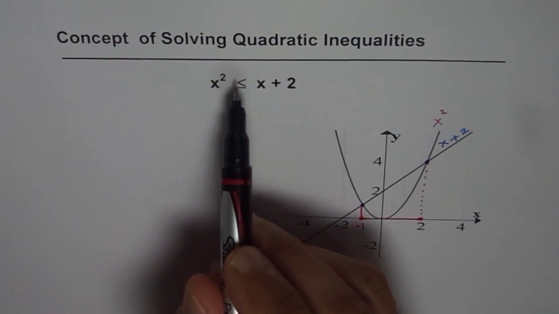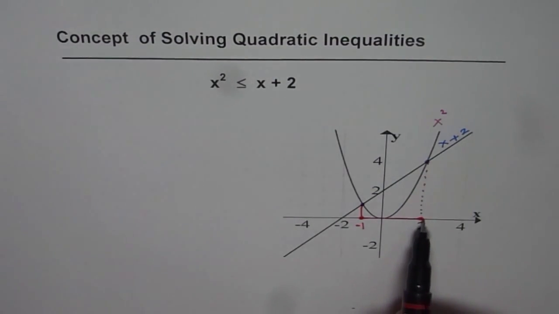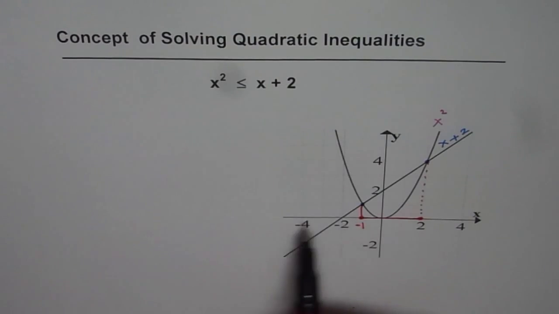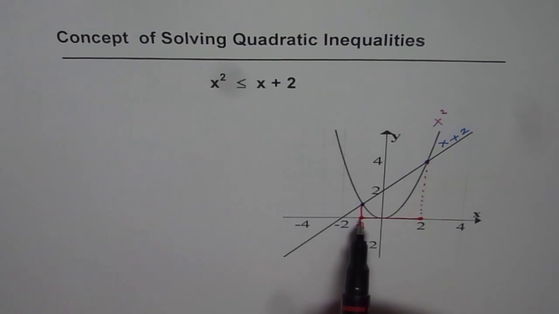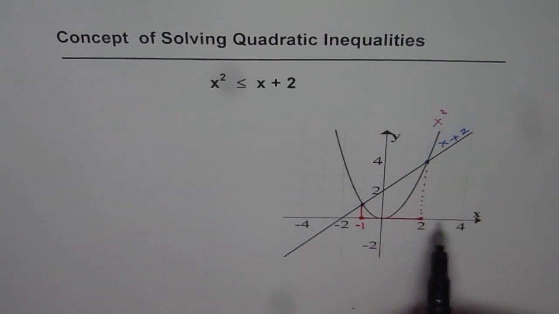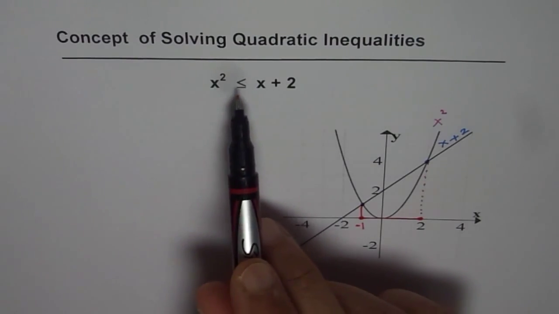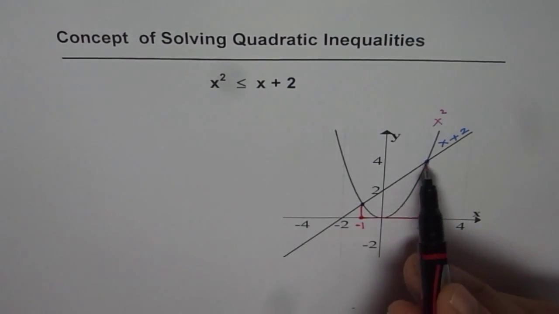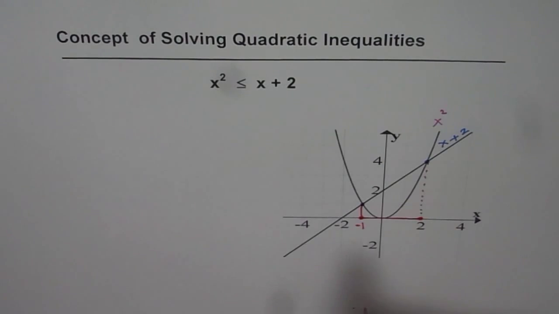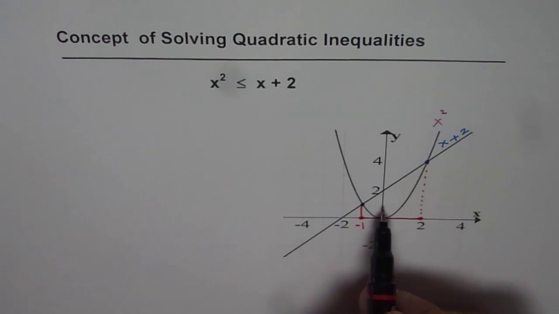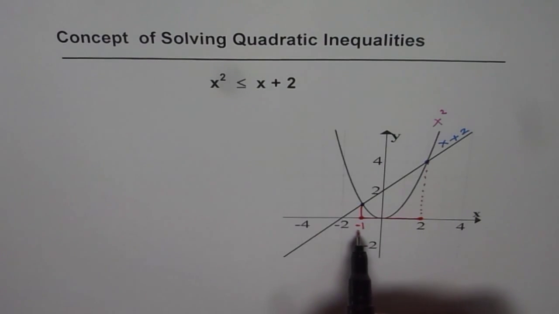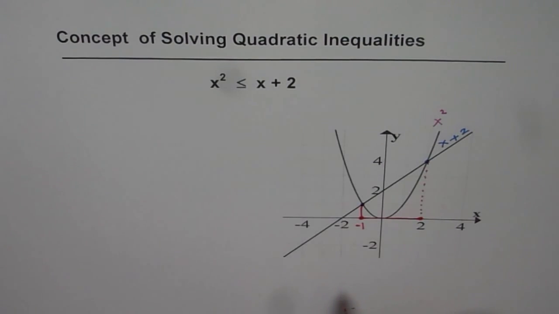Well, if this was greater than, we were looking for the values which are beyond this, right? That means from minus infinity to minus 1 and from 2 to infinity. Now since this is less than or equal to, the points of intersection are also included, and the interval between the points of intersection, which are x values minus 1 and 2, forms the solution set. Do you get the concept?